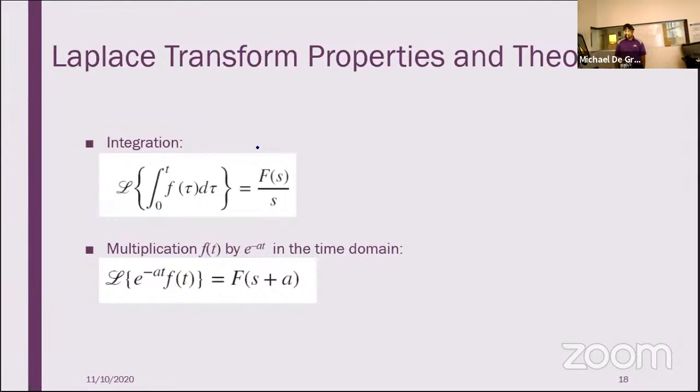What if I have multiplication? I have some function and I multiply it by e to the negative a t. So I'm going to take the Laplace transform of some function of time times e to the negative a t. Well, this becomes the Laplace transform of your function at s plus a.